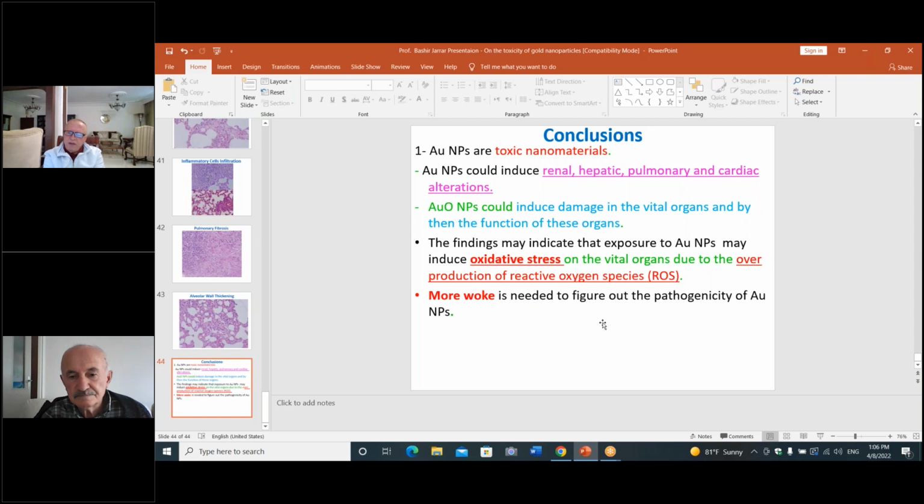ROS are the tools for the damage of the cells, and we usually use antioxidants to counteract the action of the reactive oxygen species. More work is needed to figure out the pathogenicity of gold nanoparticles, and thank you so much.